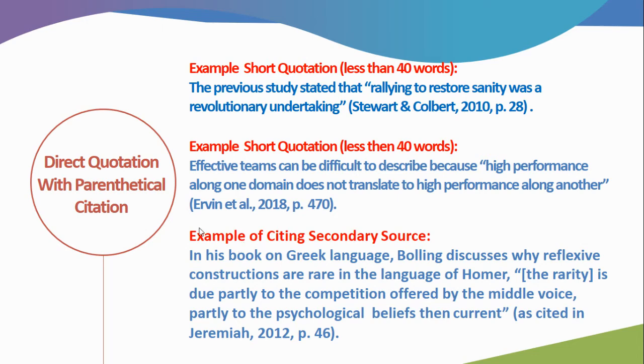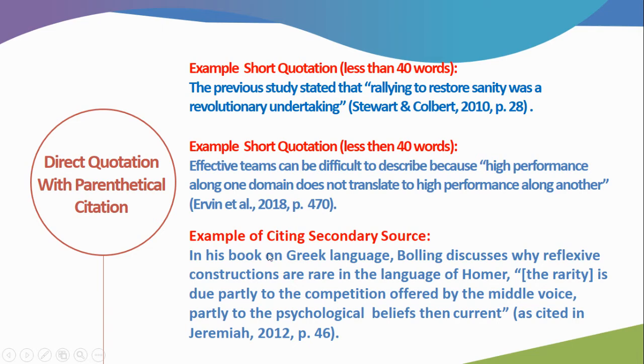And then, last but not least, an example of citing secondary sources. Here, the source is from Jeremiah, but you are reading Bowling's explanations in it. So we call this citing secondary sources.